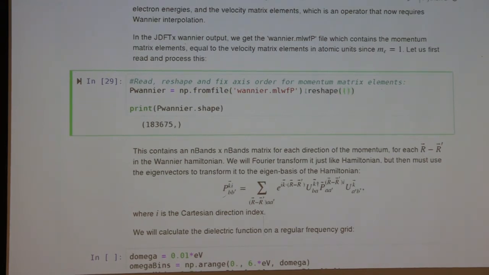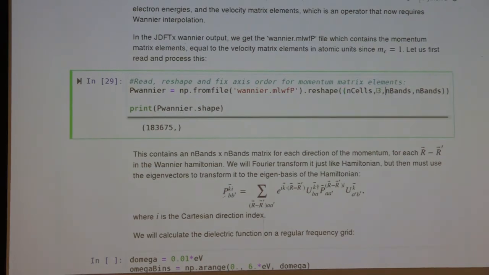So if you remember, my Wannier Hamiltonian had this dimension. So I'm going to have the same thing, except I also have 3 components of momentum. So I have momentum in 3 directions. So I have an additional dimension here, which corresponds to that. So that's the order I've stored it in the file.